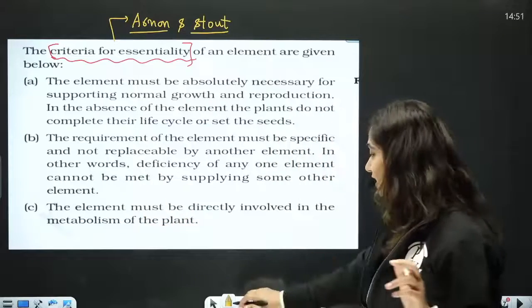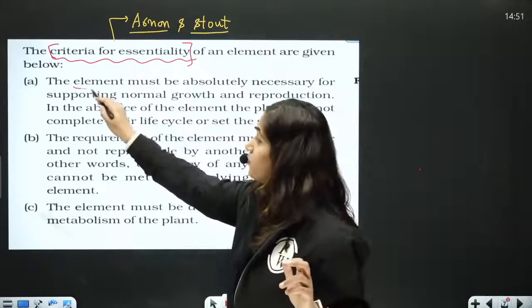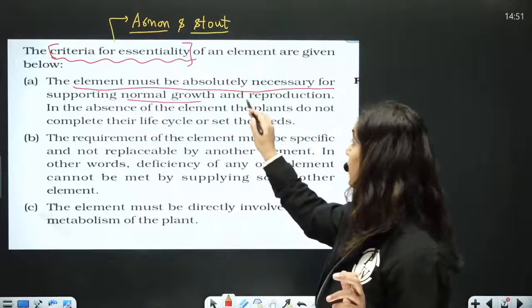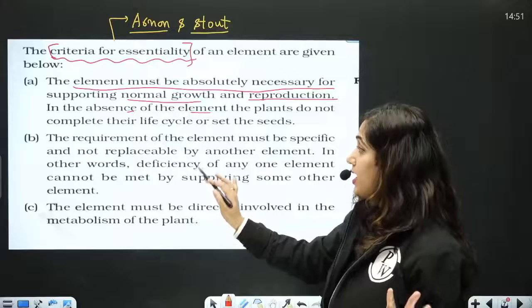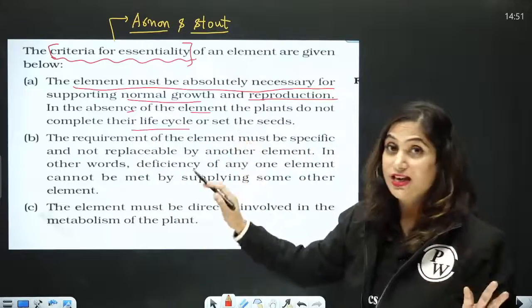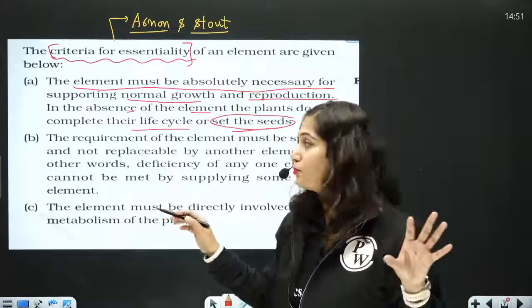So let's read the lines of NCERT, what it is saying. The element must be absolutely necessary for normal growth and reproduction. In the absence of this element, the plant will not be able to complete its life cycle and set the seeds. It will not be able to reproduce properly.